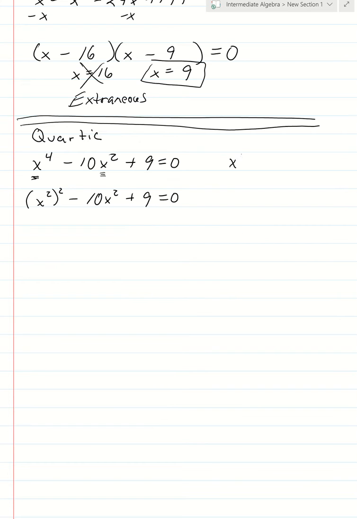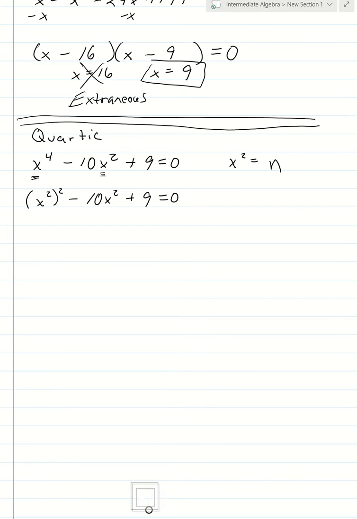I am going to replace x squared. Wherever I see an x squared in my equation, I'm going to replace it with a much simpler variable. Any variable you pick. I'll pick, let's say, the variable n. So if I see an x squared in my equation, I will now replace it with a singular variable of n.